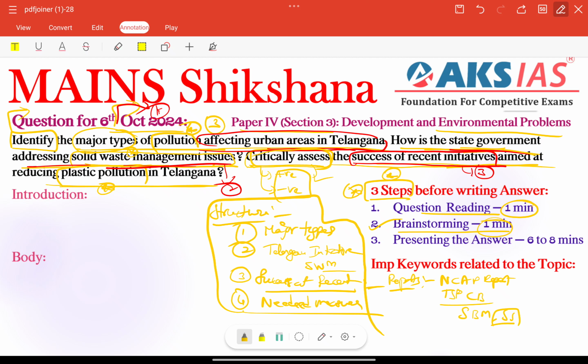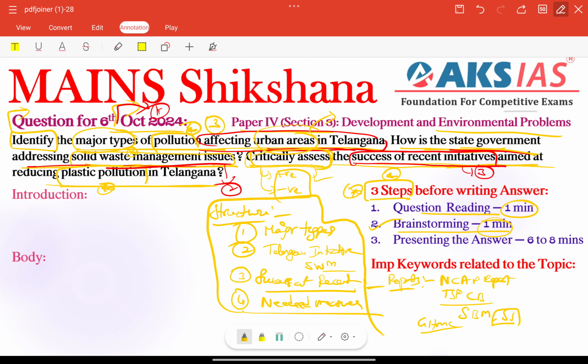So other than that, we have some Greater Hyderabad Municipal Corporation initiatives, right? GHMC initiatives also we can include. Swachh Bharat Mission, especially we are talking about urban areas, right? We need to focus on Swachh Bharat Mission Urban initiative, right? So Swachh Bharat Mission guidelines, whatever we have, need to include here.